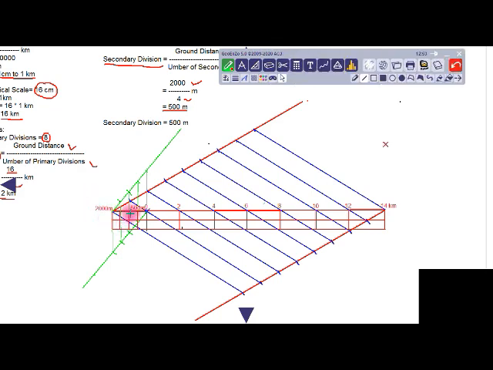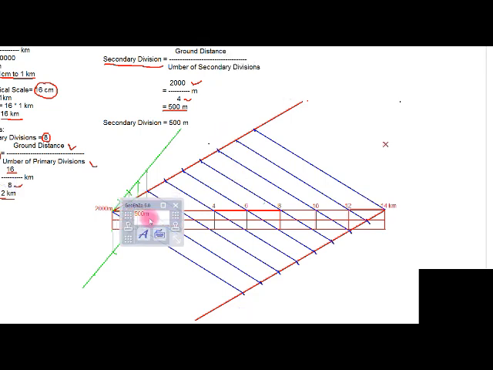So it's 500, then 1000, 1500, and 2000. I'm not putting these words here, but you can put the 500 meter, then this is the 1000 meter, 1500, and so on.